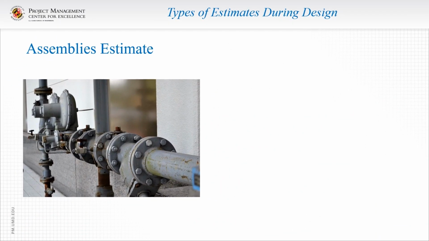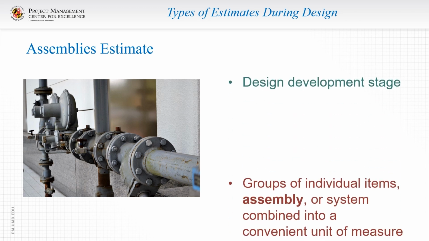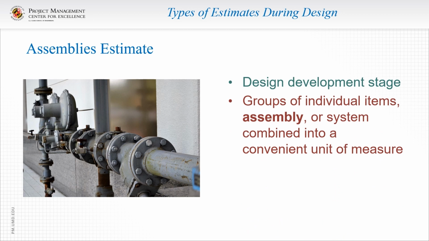Now let's discuss an assemblies estimate during the design development stage. In the latter stages of design, when more information is available, it is possible to configure estimates into a series of systems. This method, called assemblies estimating, uses a system or assembly units of a project.